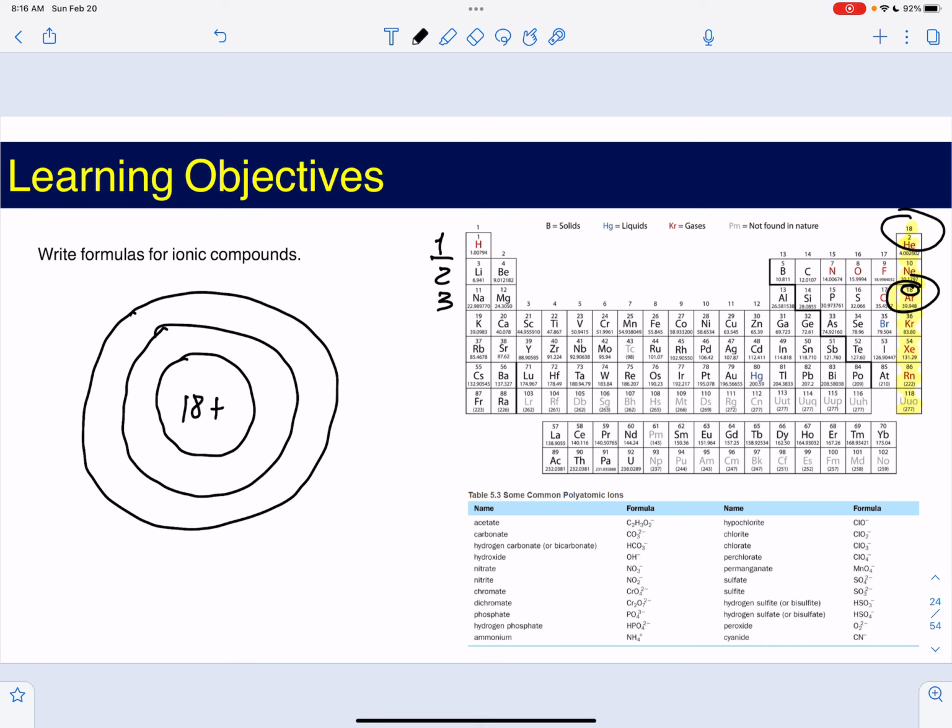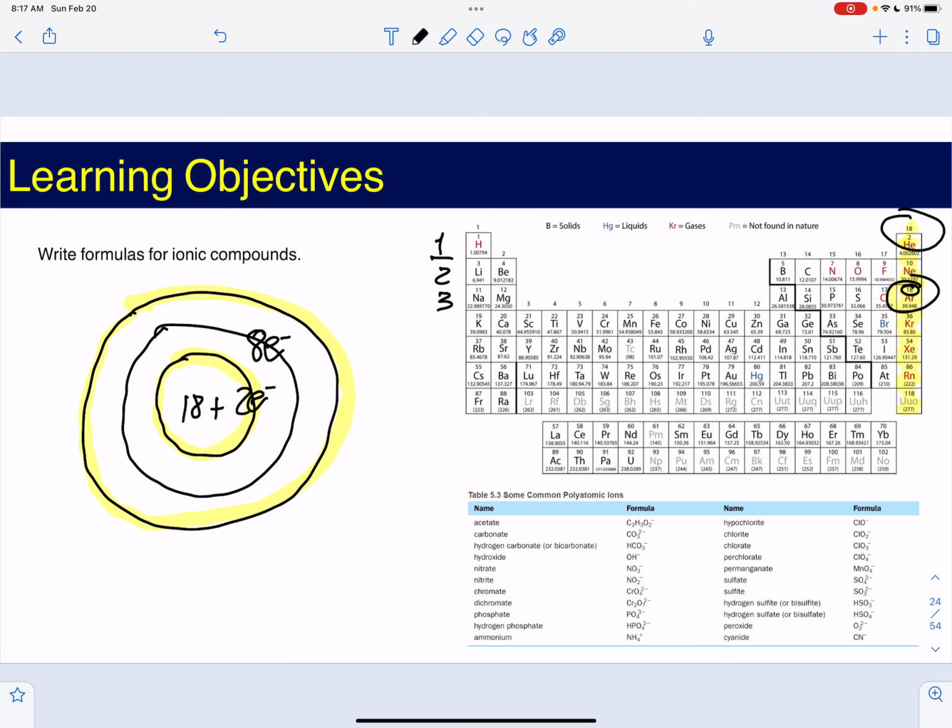You should memorize this. On level number 1, which is the smallest level compared to the other ones, the maximum you can put without having to fight too much is going to be 2 electrons. Level number 2, which is a little bit bigger, you can put more than 2, but 8 electrons in there without having to repel each other too much.